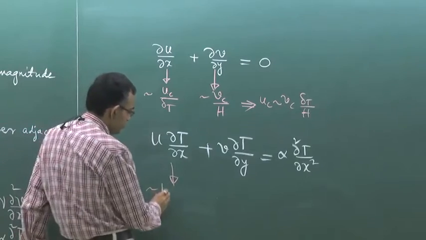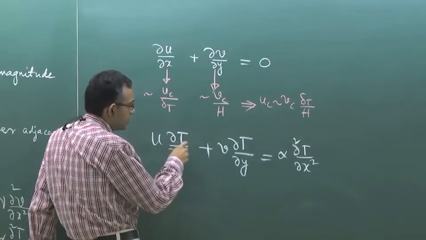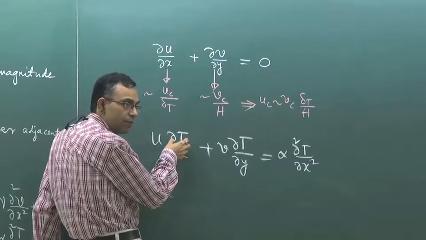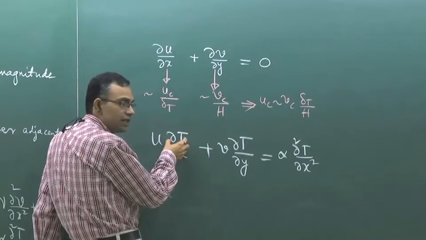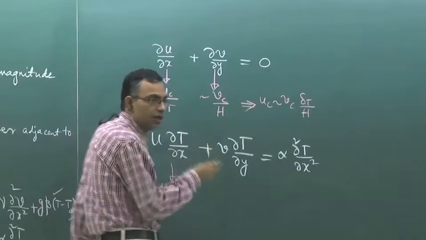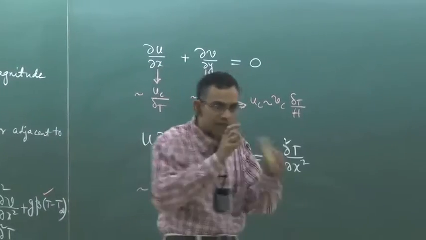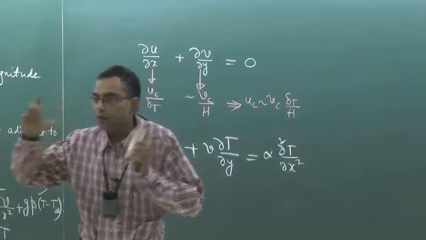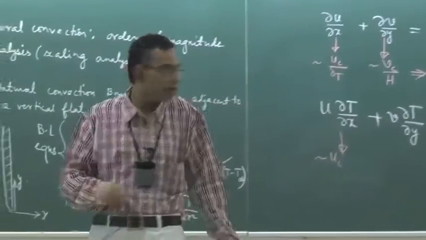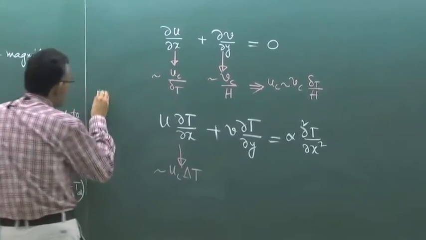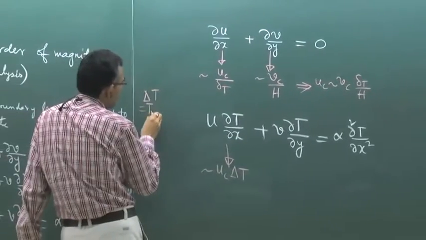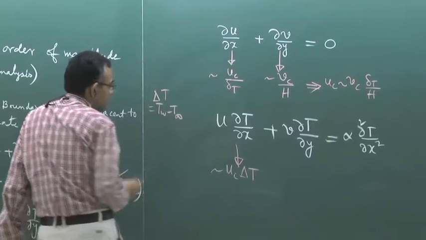You see, this is some characteristic temperature difference by some characteristic length. What is the characteristic temperature difference? T wall minus T infinity. That is the triggering temperature difference for heat transfer, right. So, in shorthand notation we write it as delta T. So, delta capital T is nothing but T wall minus T infinity.